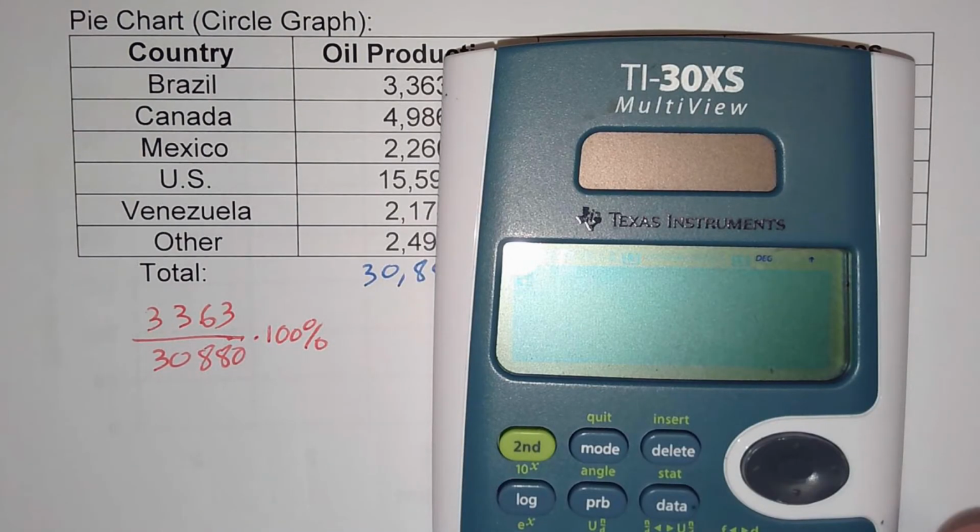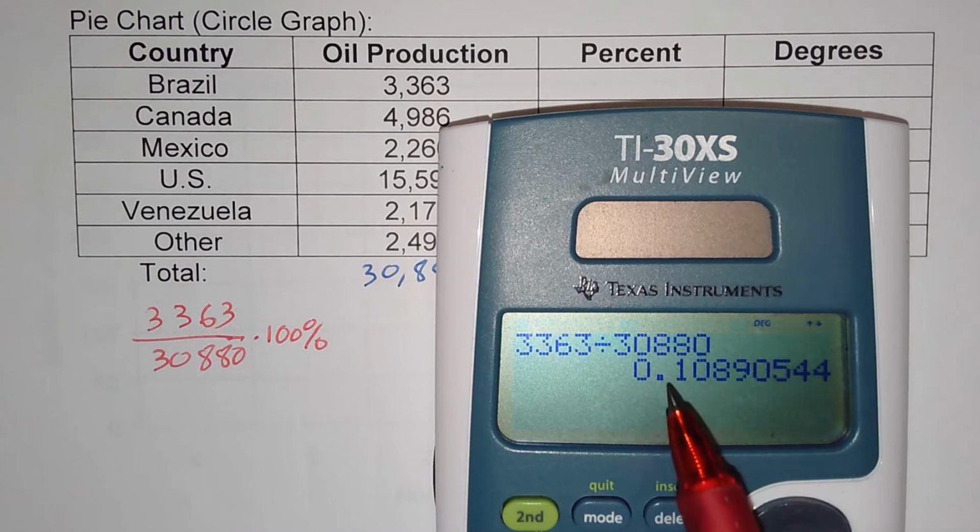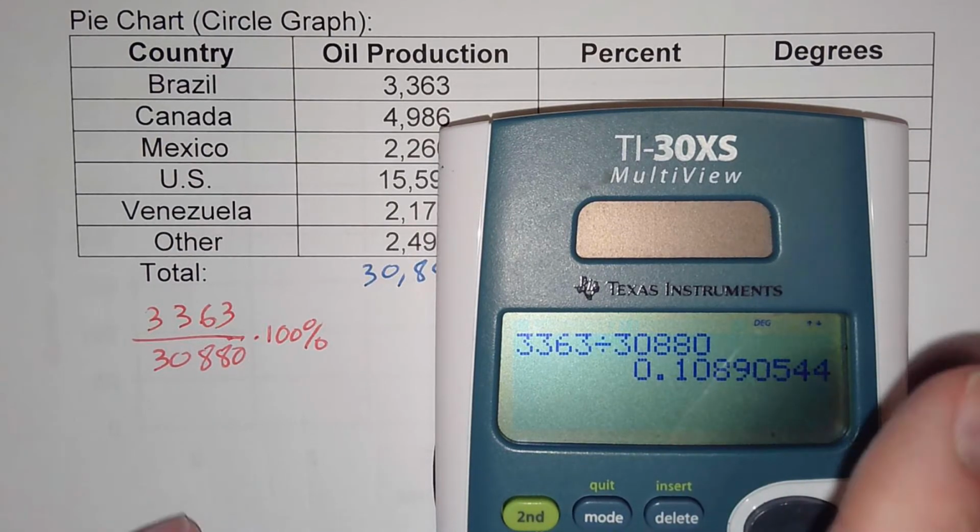So if we do that, that gives us 0.1089 and so on. Move the decimal point or multiply by 100, and that would give us about 10.9%.